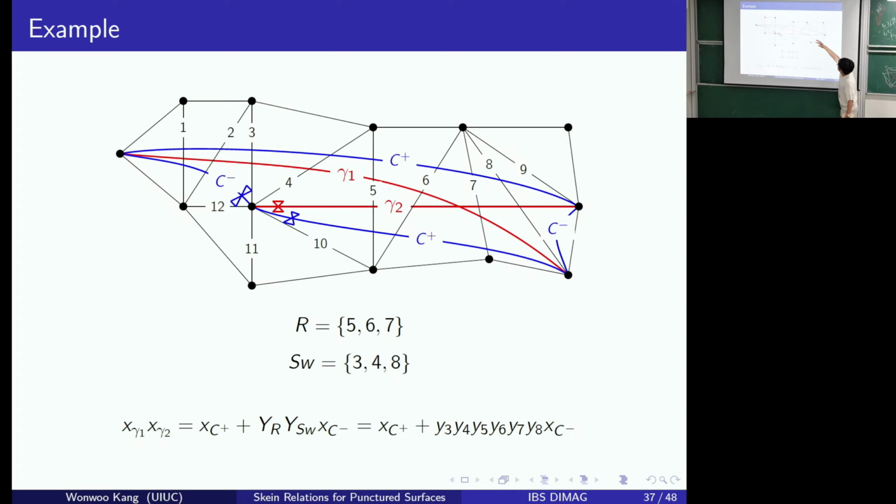So if I sweep here clockwise up until I cut here, I swept 8. So 8 is included in here. And let's look at here. There's a tag here. What did I say? Tag, counterclockwise. Counterclockwise swept, so 3 and 4 are added. So this is how you define SW and R. And the rule is the same. XC is like this, and the x1 times x gamma 1 times x gamma 2 will be written in this fashion.